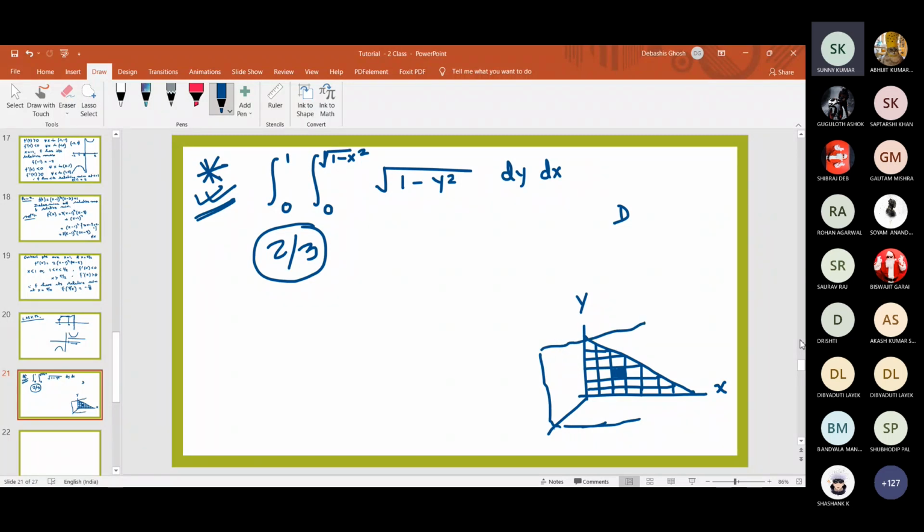Now you can join this. This is the surface, and that portion is bounded. So this is the upper surface, and you are going to find the volume of such a thing. That is what we compute in case of double integration.